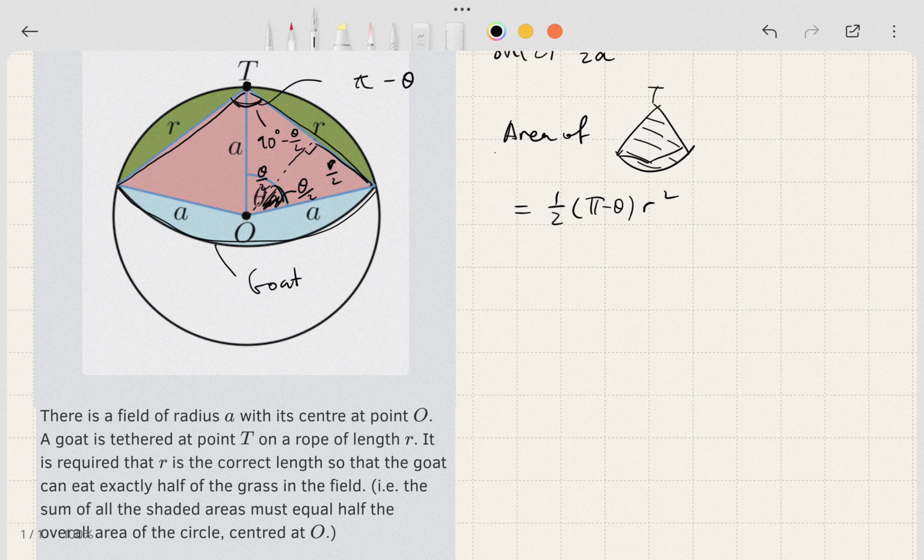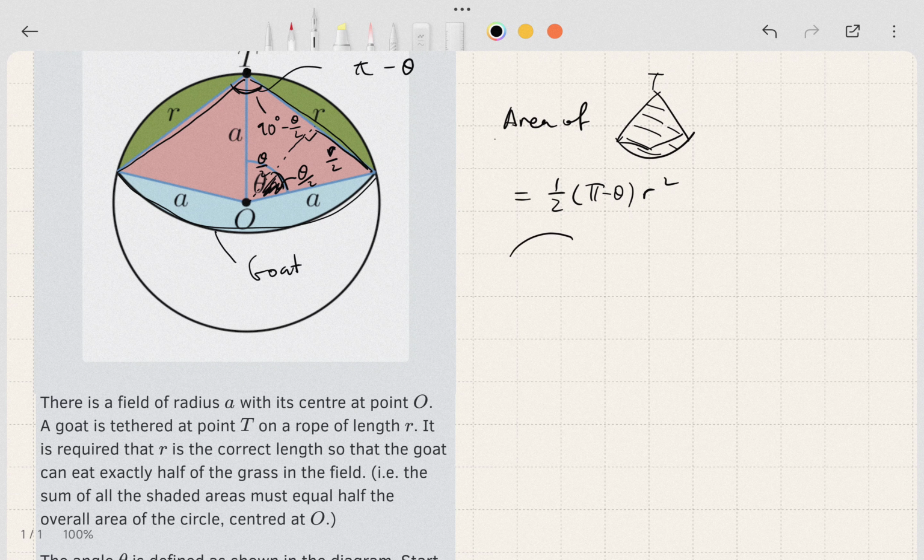And now we're left with the job of working out the green shaded areas. This area here is equal to half of theta a squared minus the area of the pink triangle, which is half of a squared sine theta.